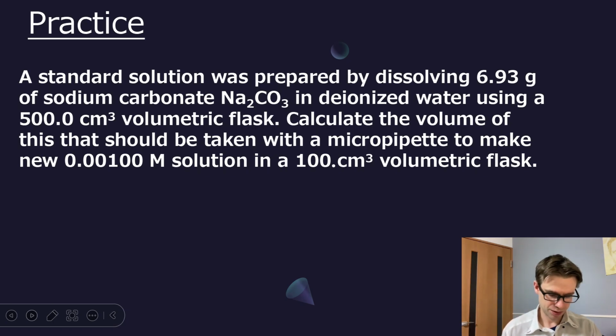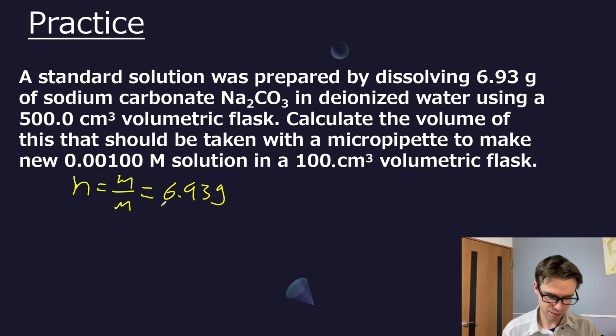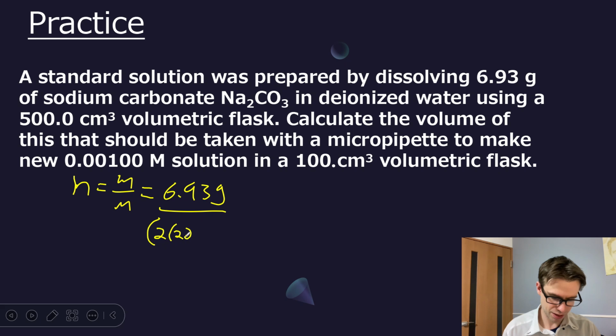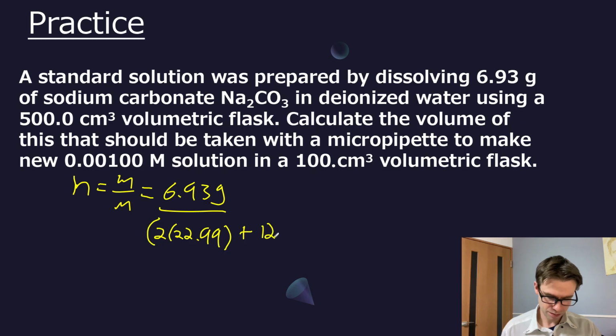Alright, again, let's figure out the number of moles we're working with at the start here. n equals mass over molar mass, 6.93 grams over everything in this, so 2 times sodium's 22.99, 1 carbon, and 3 oxygens.